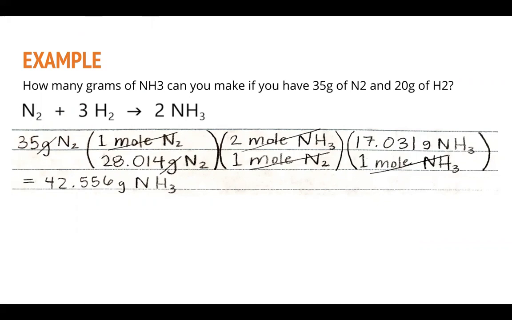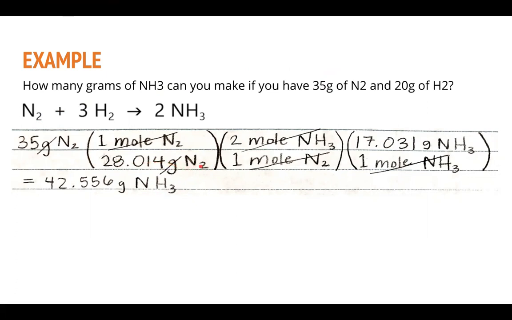I feel like chemistry is basically just finding out which units to cancel out. At least for me, it's been very helpful. So if you're ever confused, just say, okay, I'm given this in the problem, so I'm going to start with that 35 grams of dinitrogen, and then convert units to get to grams of ammonia.